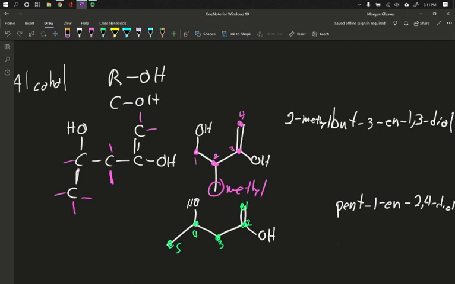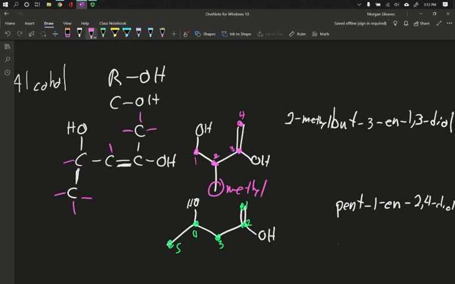Well, other things we could move, what about that double bond? What if I go back and say, hey, instead of connecting those two, what if I'd connected these two in the middle instead? Double check, all my carbons have 4 bonds.